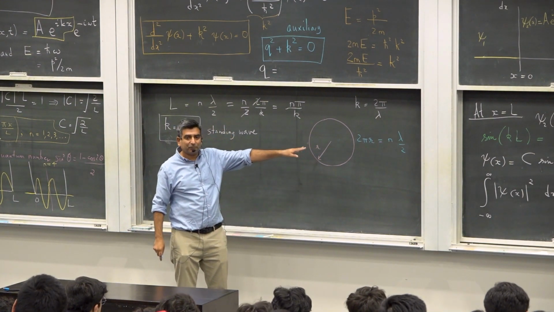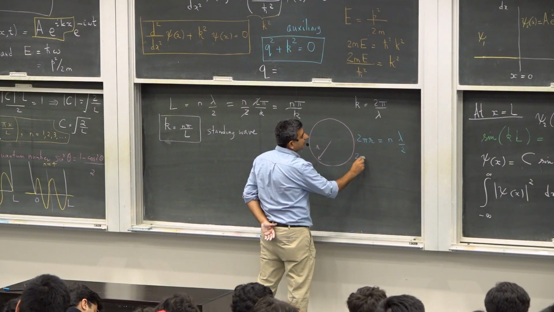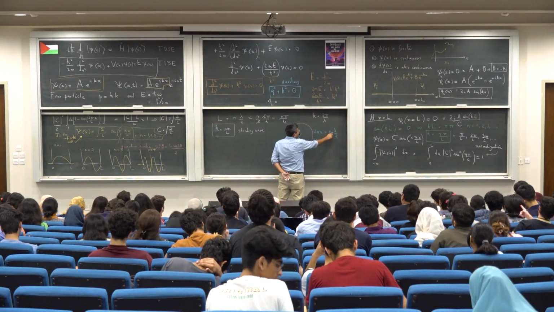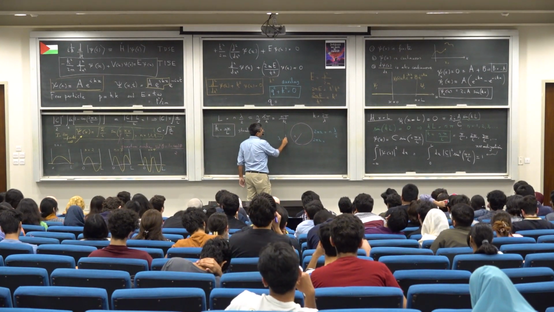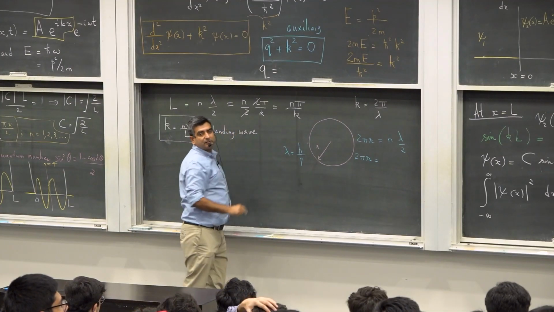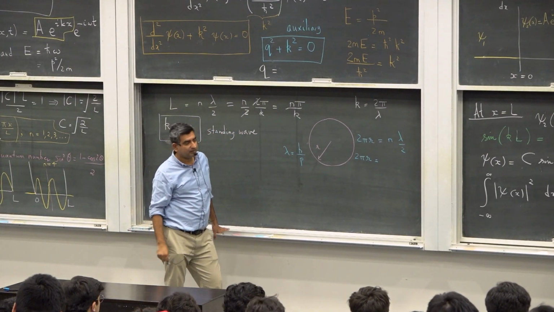So let's see what this leads to. This would mean 2 pi r equals n lambda. Now the de Broglie relationship tells us that lambda equals h over p, or p is equal to h bar k.